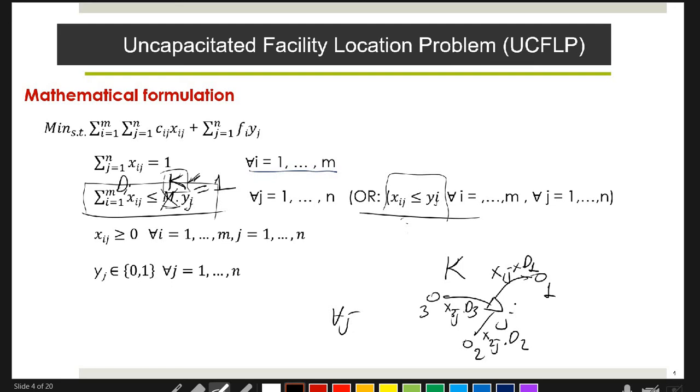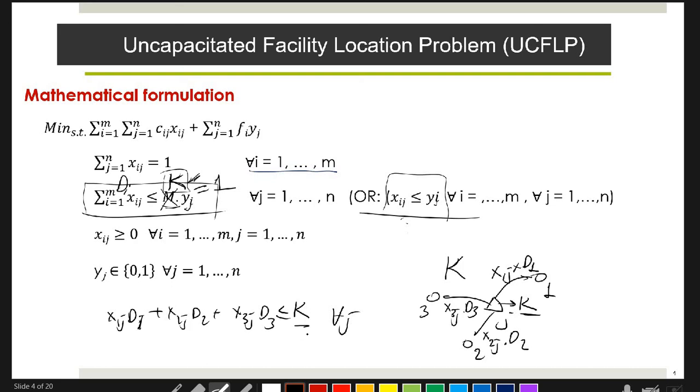And the total amount that I am sending can be at most k. So what I am writing is x1j d1 plus x2j d2 plus x3j d3 must be less than or equal to this k.